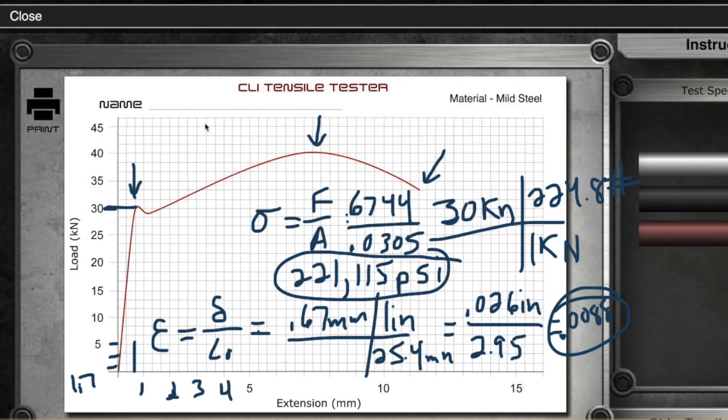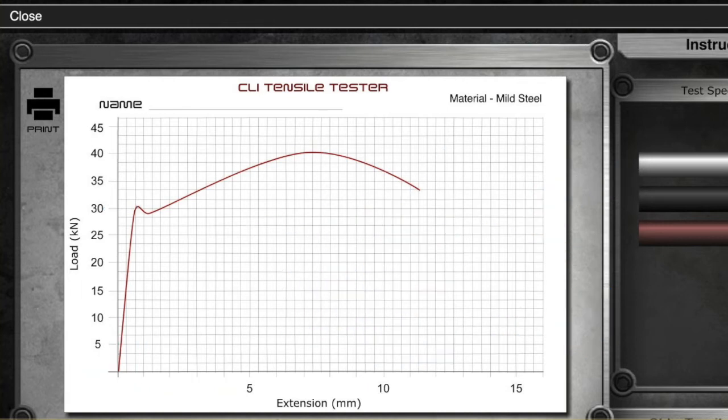Okay, so what's number 2? Number 2 is where's the max force, which we already labeled. That's up here. And I want to find the ultimate tensile stress. Stress, again, is the force over area. What's the force that I have here? We're going to call that 40. It looks like it's about 40 kilonewtons. And I need to take that 40 kilonewtons times 224.8 pounds to convert it.